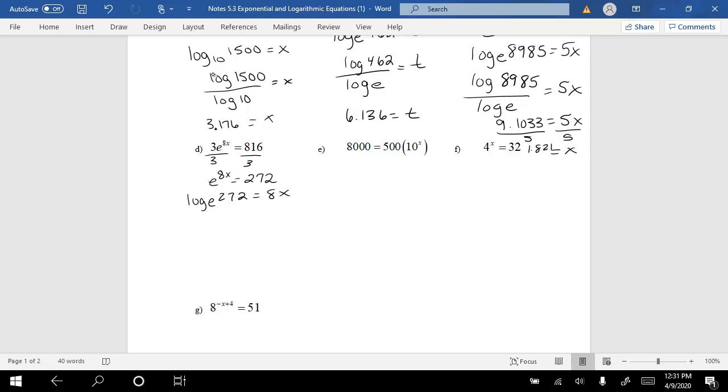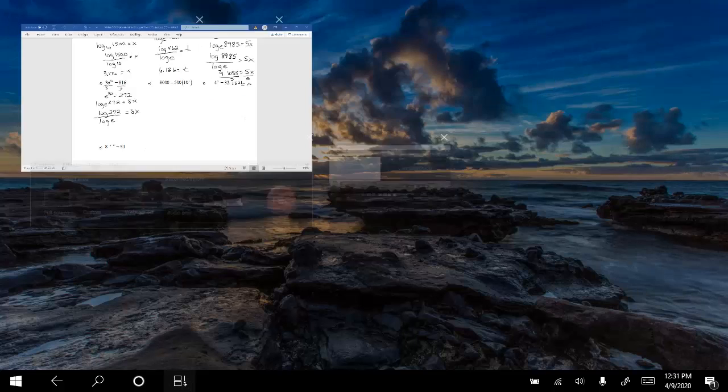Then you're going to do your change of base form. Log of 272 divided by log of e is equal to 8x. So put that in your calculator.